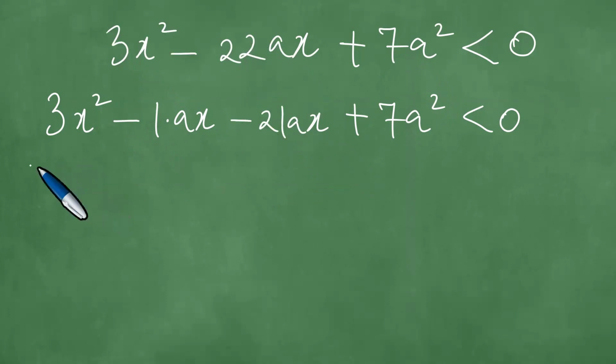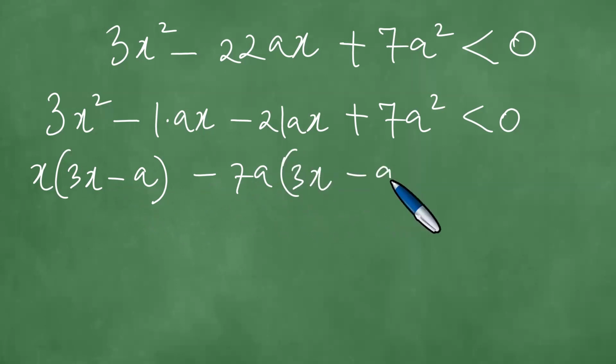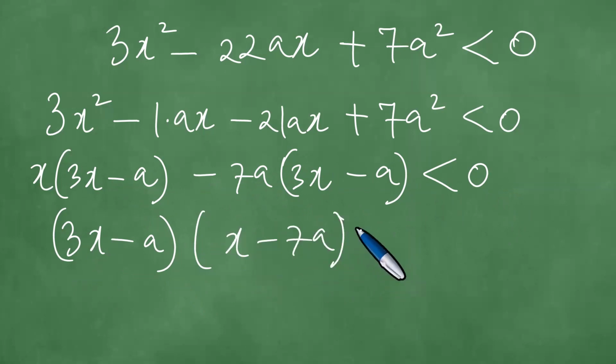Okay, taking out the highest common factor from the first two terms, we have x into 3x minus a. Then we have minus 7a into 3x minus a is less than 0. In which case, therefore, we have 3x minus a into x minus 7a is less than 0.